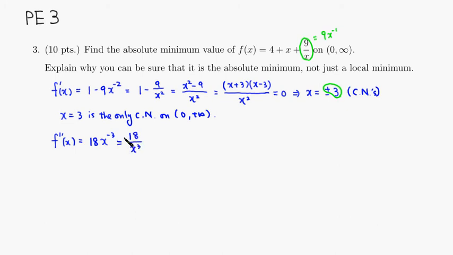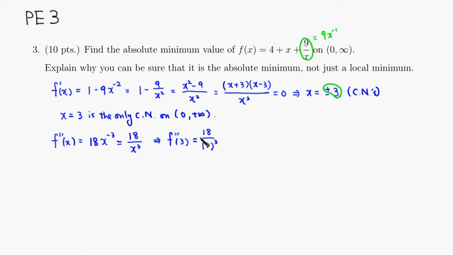Then we plug in the critical number, so f double prime of 3 is 18 over 3 cubed.